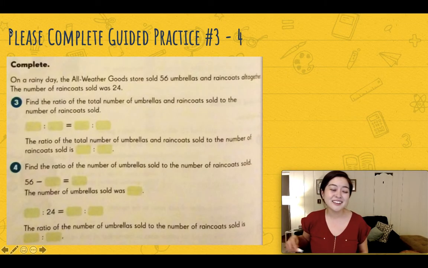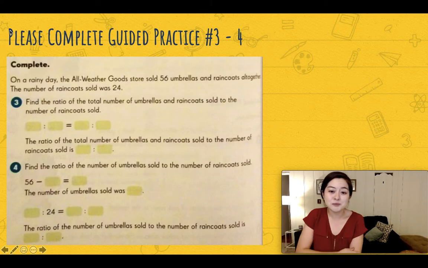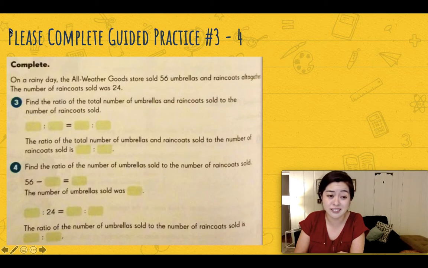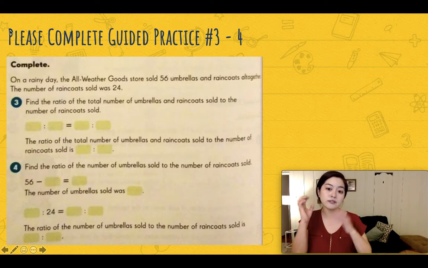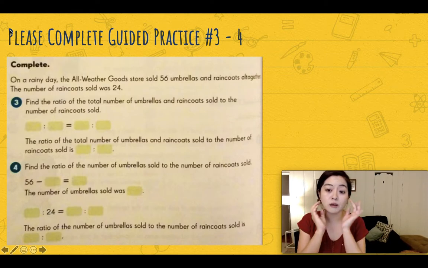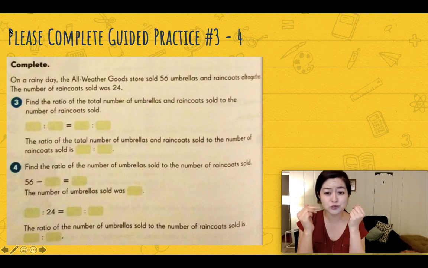Welcome back. Okay, let's read the problem. It says, on a rainy day, the all-weather goods store sold 56 umbrellas and raincoats all together. The number of raincoats sold was 24. So we have to read this problem carefully because when I first read it, I thought there were only 56 umbrellas.